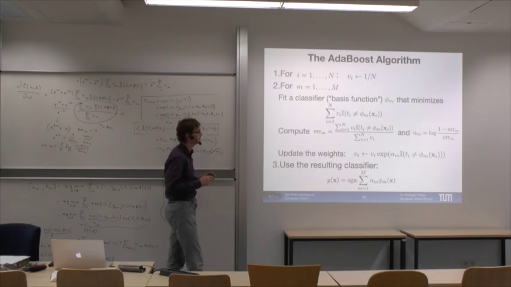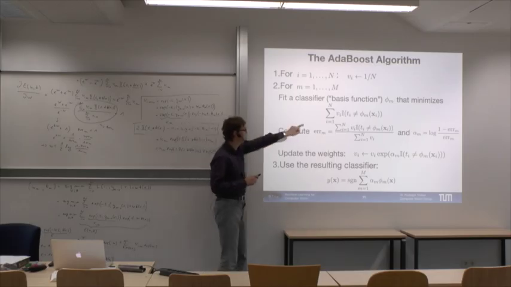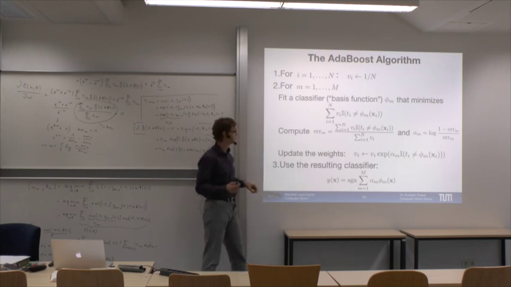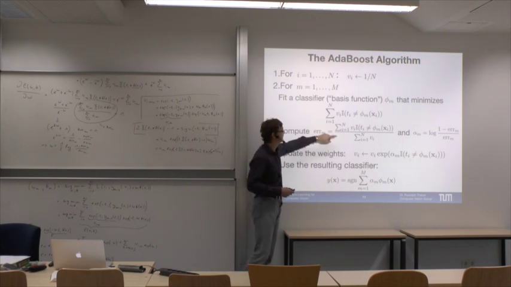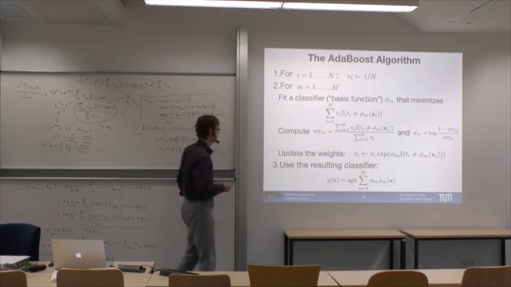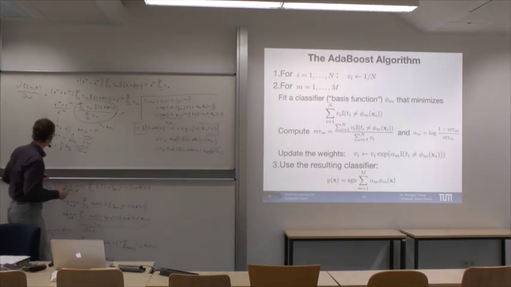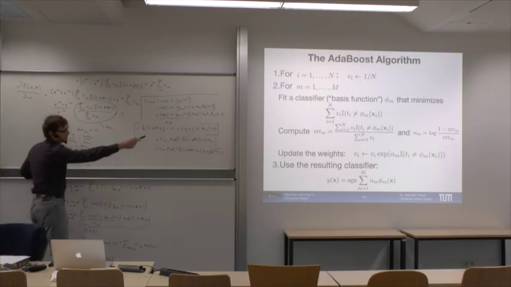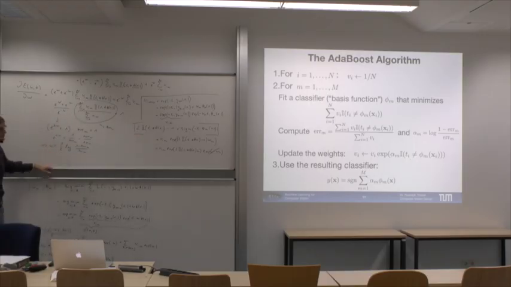This should be minimal. Once I have that phi m, I compute the error that's produced by that phi m, right? I can just normalize it by the sum of all weights. And I've defined this alpha m here, which is nothing else than 2 times w here, right? This w here is alpha m divided by 2.